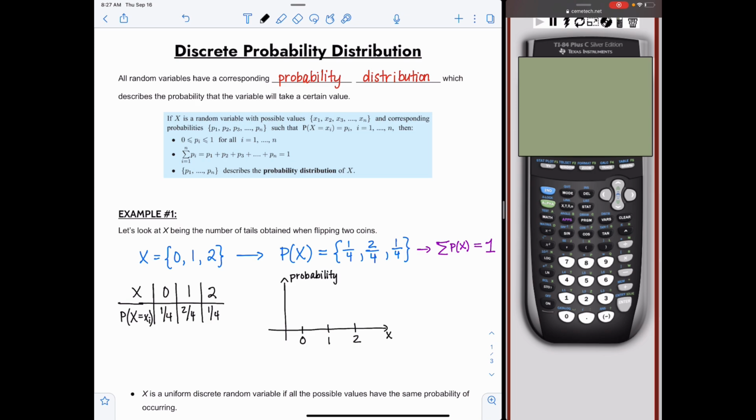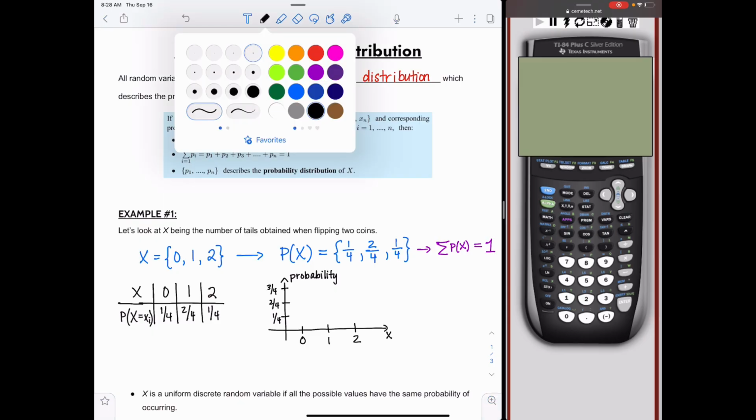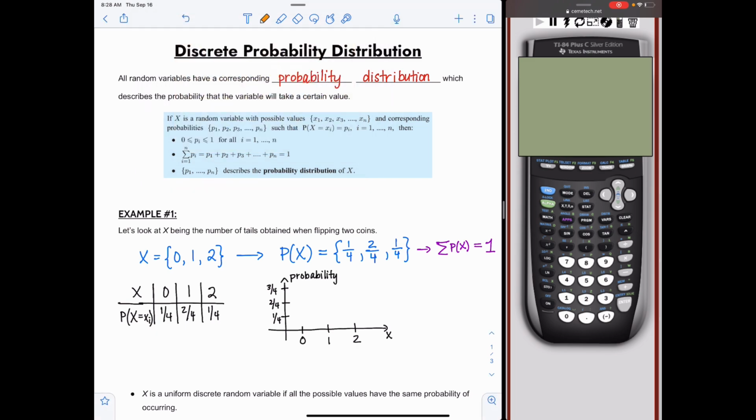For the probability, we can have 1/4, 2/4, and of course, you can go up to 3/4 if you want, even though it's really not needed. So what you can do is make your graph using bars. If you were to use bars, for the probability of having 0 tails, the bar would go up to 1/4 and then it will come back down.